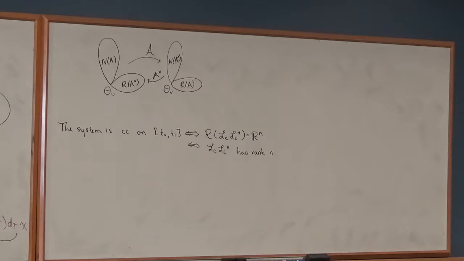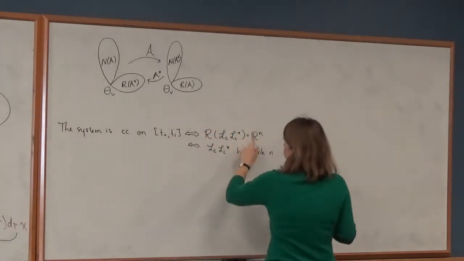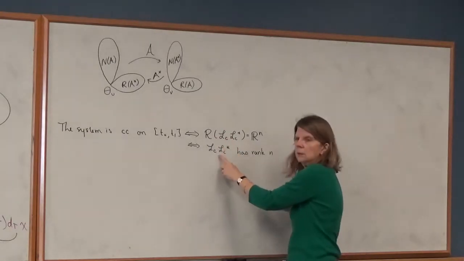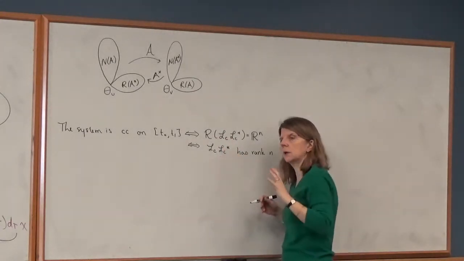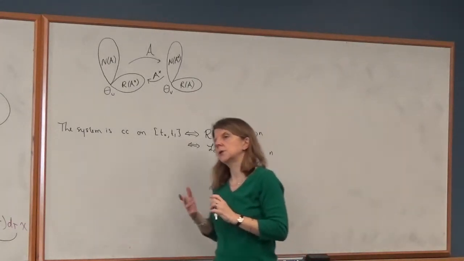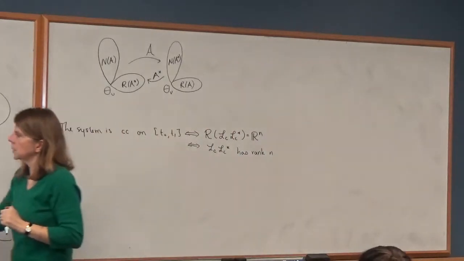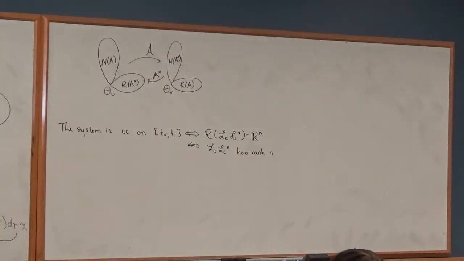And it turns out that the span of the columns of LC star gives you what's called the controllable subspace. So you can have partial controllability, which is how this terminology complete controllability comes in. It means that the whole of Rn is controllable, not just some subspace of it.